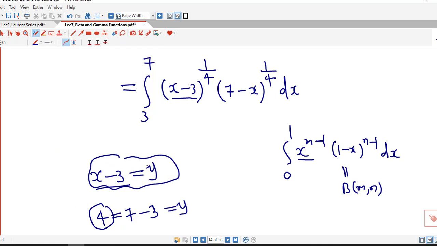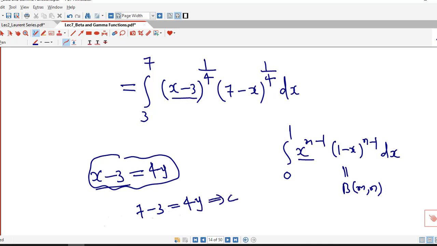So suppose we consider x − 3 equal to 4y. Then when x is 3, 4y is 0, that is y is 0. And when x is 7, we have 7 − 3 equal to 4y, that is 4 equal to 4y, and we will obtain y equal to 1.